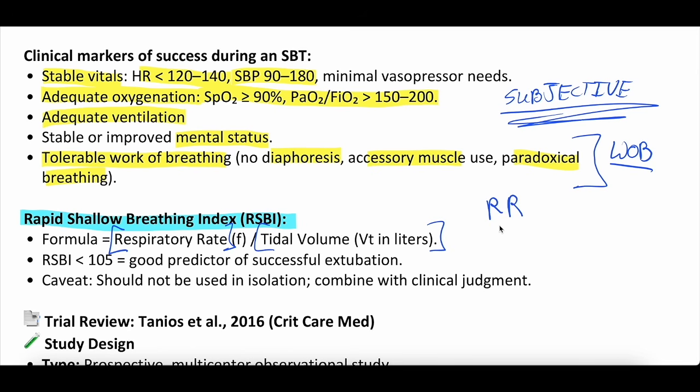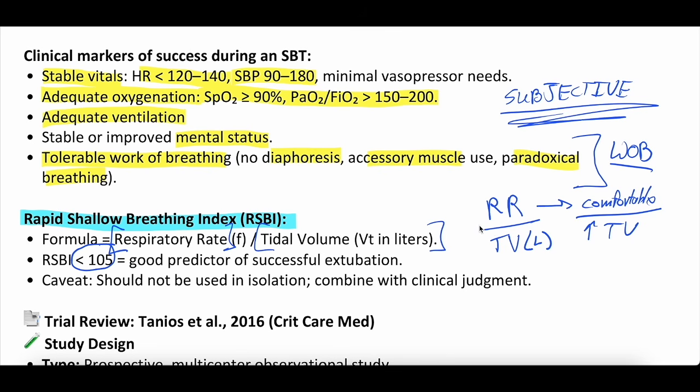So respiratory rate divided by tidal volume in liters. And when people have studied this, if we think about what this means, it essentially means that they're breathing comfortably, so the respiratory rate is reasonably low, and that they're pulling high enough tidal volumes. Because you want the RSBI low. Less than 105 has been a good predictor of successful extubation.